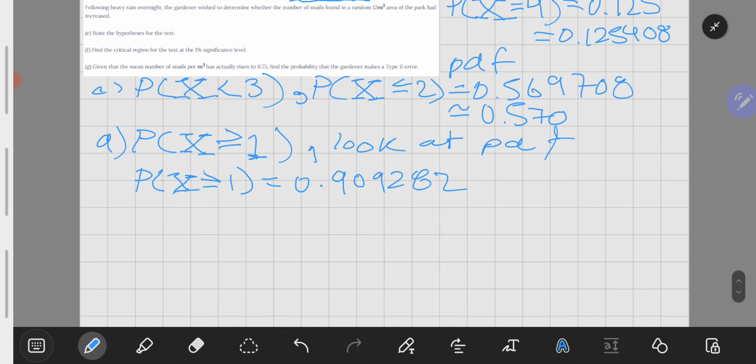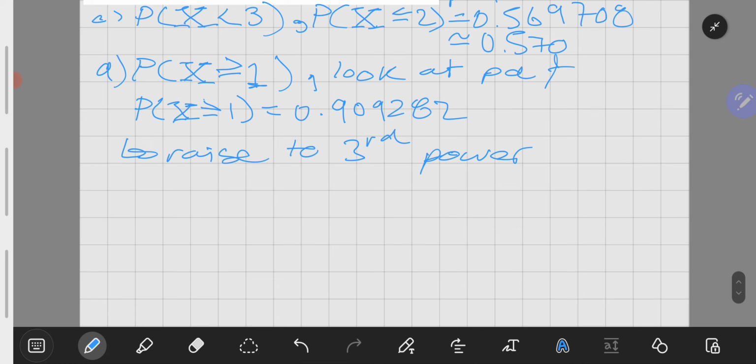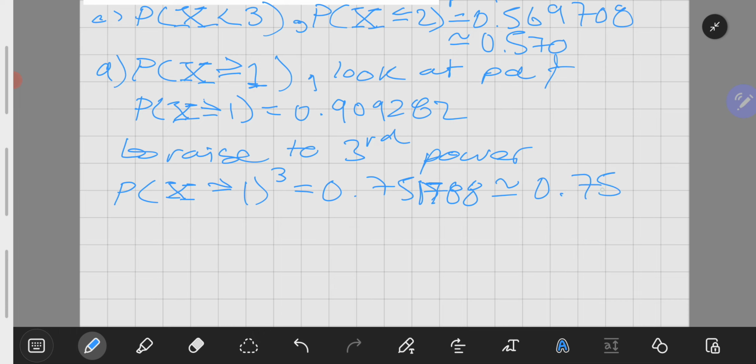Then we raise it to the third power for the 3 inspections, and we find our final answer, which comes out to be 0.7517517888, which we can approximate to be 0.752.